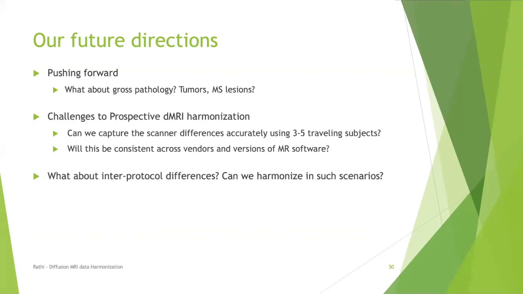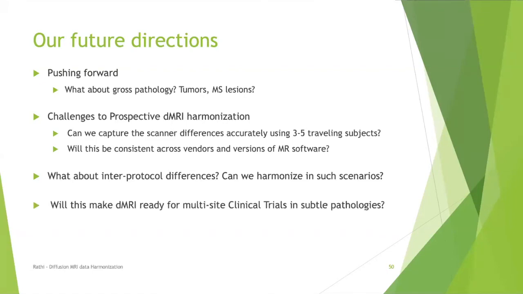Another interesting question we are looking to answer is, if you have been acquiring data with a particular protocol and now there is an advanced protocol and you want to use that for the rest of the data set, can we do some sort of harmonization there? Obviously, there will be some limitations. And if we can achieve this sort of harmonization, it could potentially be used in clinical trials for several pathologies.